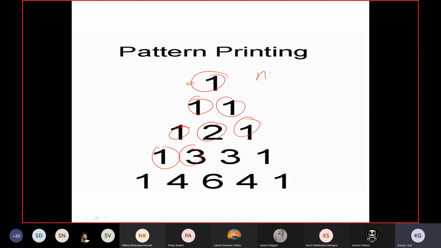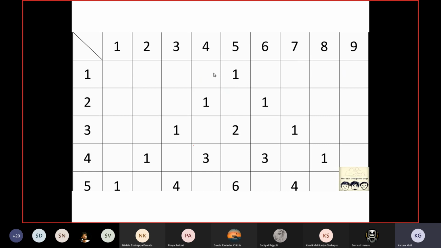Whenever I say binomial coefficient, I'll be writing it as nCr. Correct? Then what is the value I have to take for n and r? If you look at the equation, with the help of that equation you should be able to write this. We'll not go in depth on that. You just remember how we can write this table. I'll be showing that. So this is what the actual table looks like.